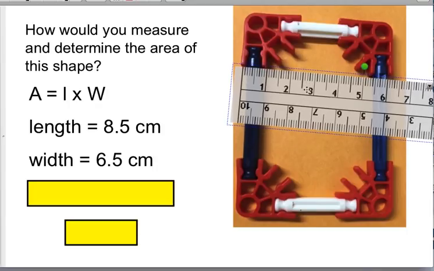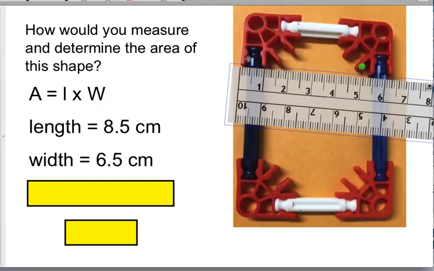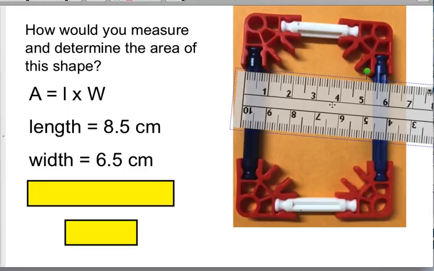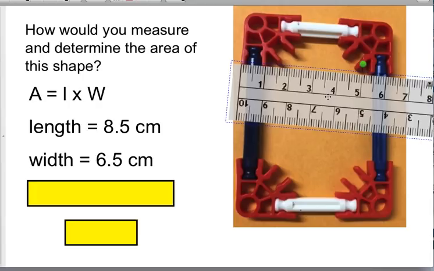When I measure that, I'm going to go from the red edge to the red edge. I'm approximately 6.5 centimeters. If you measure down here, you might want to just go with 6, but in this case, I went with the red edge to red edge for my length, so I'm going to stick with that because it's a blue rod and not much of a difference. But it's going to be 6 5/10 of a centimeter.